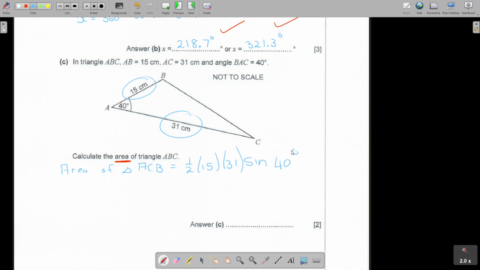So I just press everything on my calculator: 0.5, 1 divided by 2, times 15, times 31, times sin 40, and I get 149.44. But I remember 3 significant figures. That's what the question paper said in front, and that will be my answer. Again, you will get 1 for putting in everything correctly in the formula, and then for your final answer.